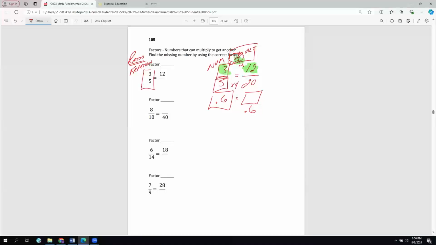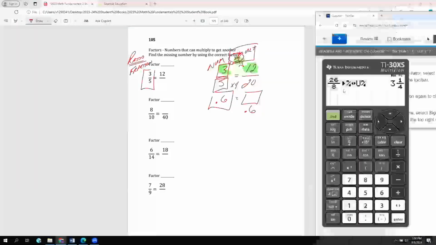If I take 12 and divide it by 20, let's do that just so you can see it. You're going to see that it's also 0.6. See, it didn't change value. These are equivalent fractions. All I really did was change how it looked.